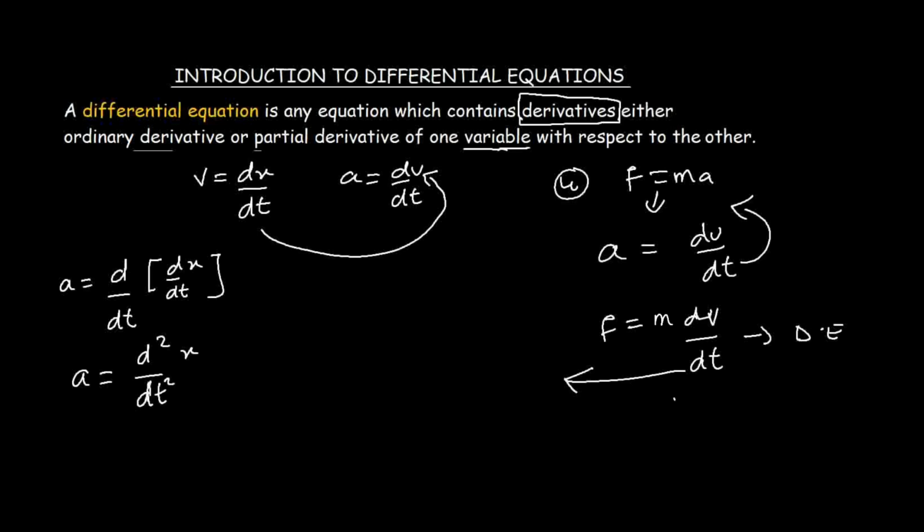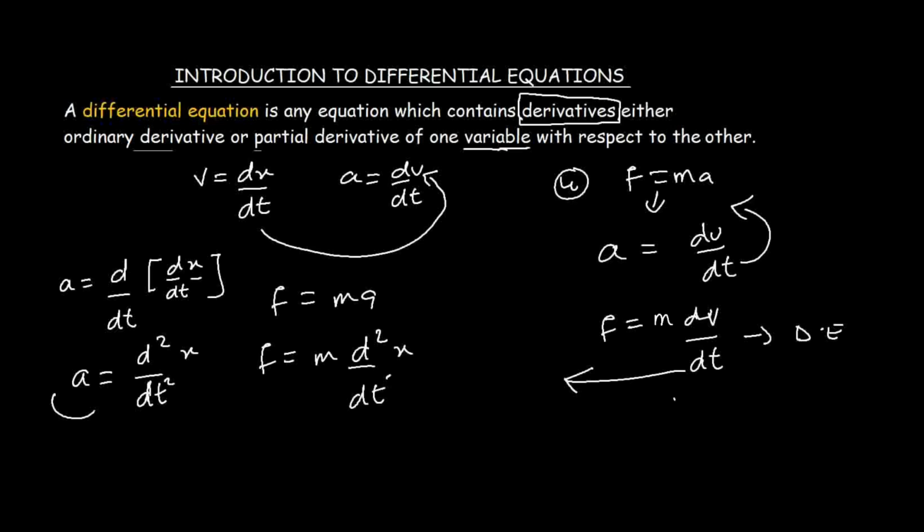That's the value of a now, because you have taken the derivative of x with respect to t two times. So we now have a equal to the second derivative of x with respect to t. From here we can substitute this into F equals ma. That gives F equals m multiplying d squared x over dt squared.